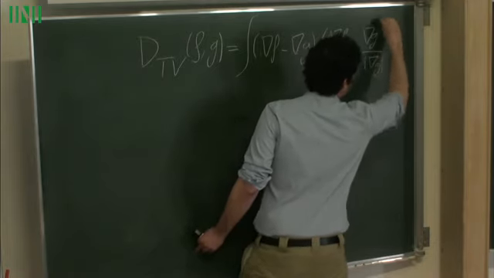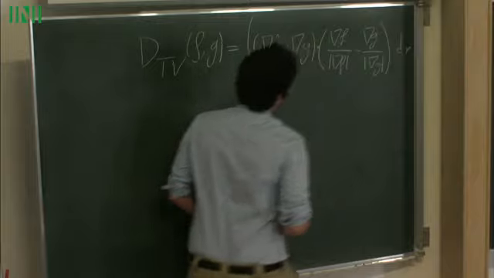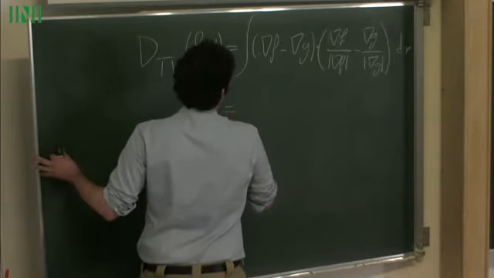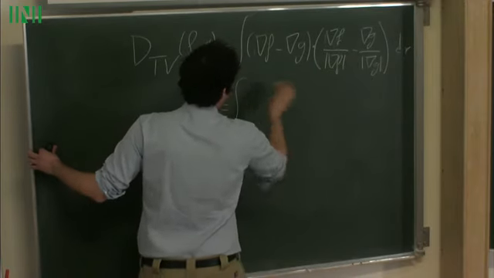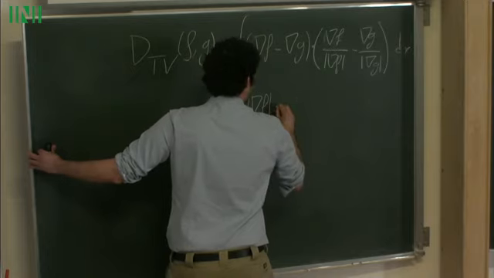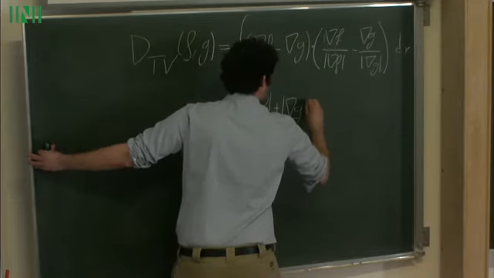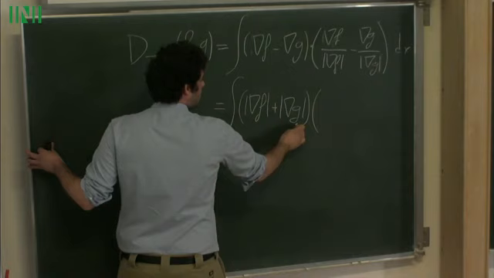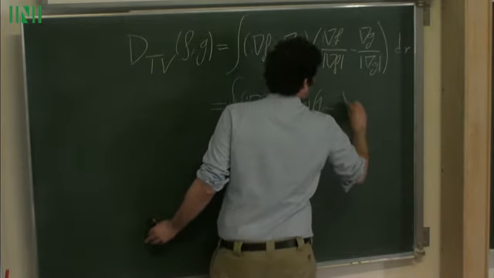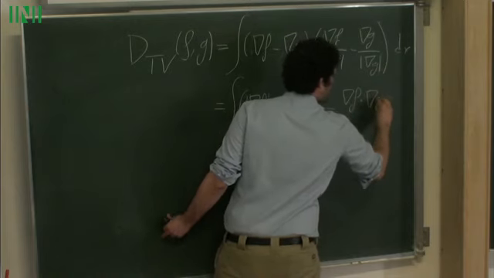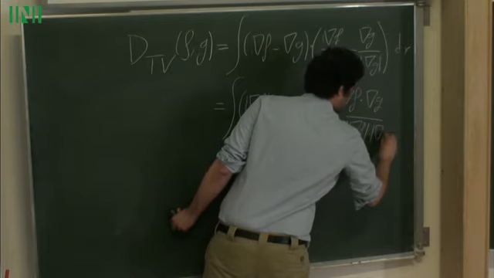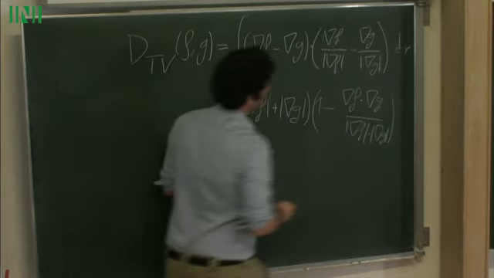This is an absolute value. That's how you arrive at this equation, and moving the terms around a little, this turns out to be the same as the sum of the absolute values of the gradients at each point times a more geometric term that measures how these two gradients are aligned with each other.